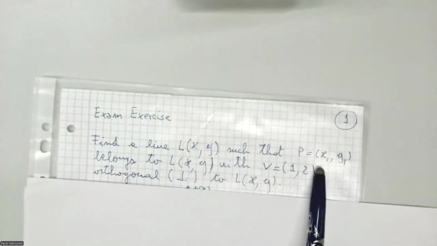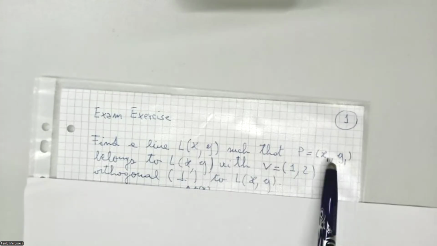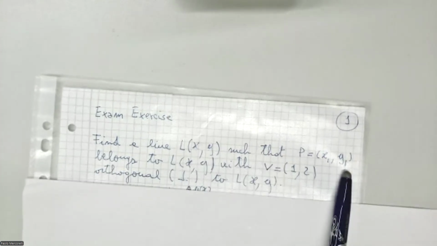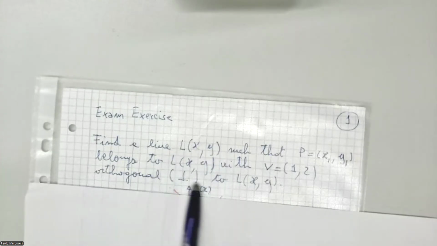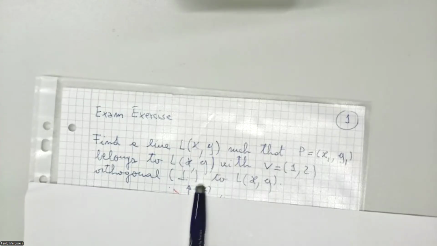It's a little bit symbolic. No? x1, y1 is something. It could be 1, 1, could be 3, 2, anything. Well, it's given. x1, y1 belongs to the line.